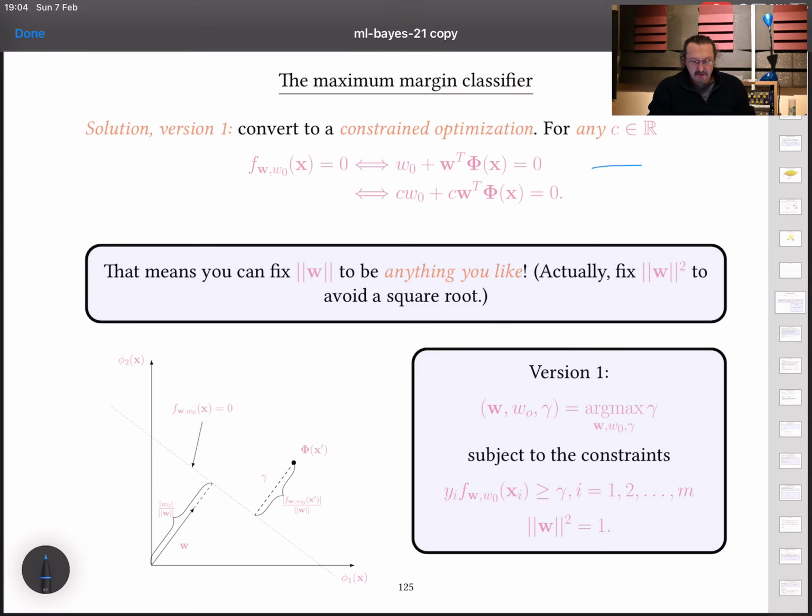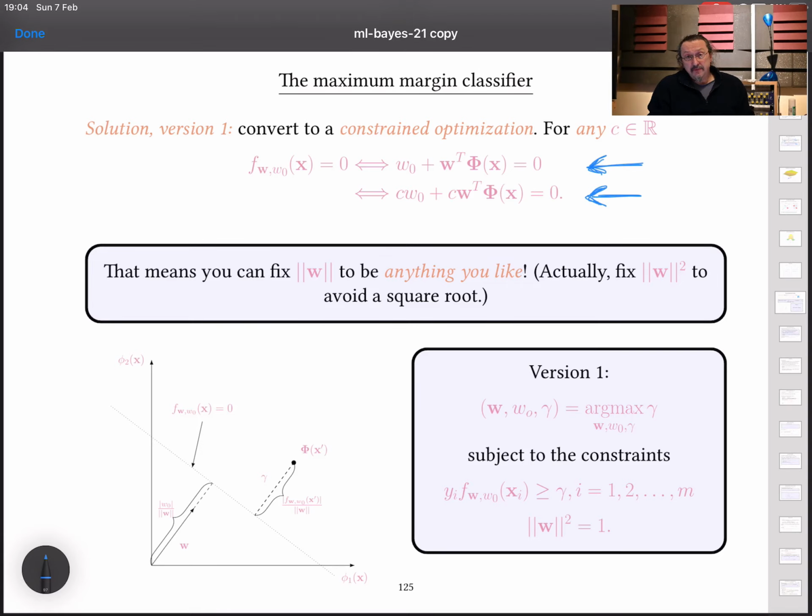That's defined by this equation here. And if I multiply through by an arbitrary constant c, nothing changes. But we do, of course, then scale both the bias weight and the weight vector w, and we can do that in any way we like.